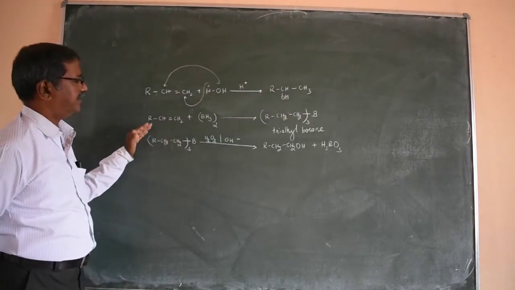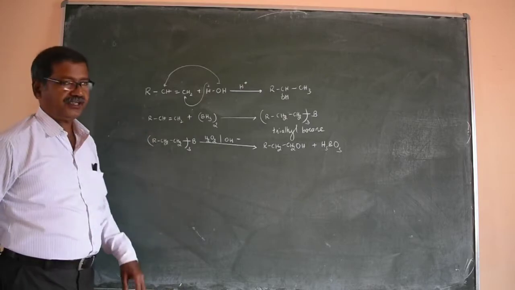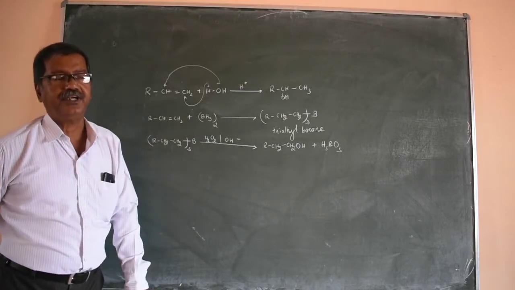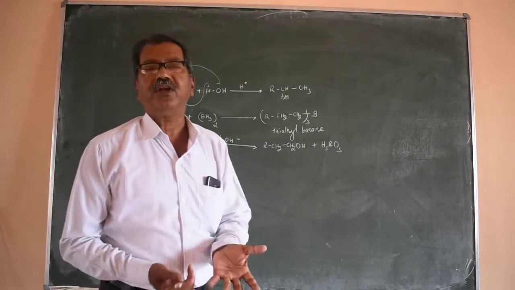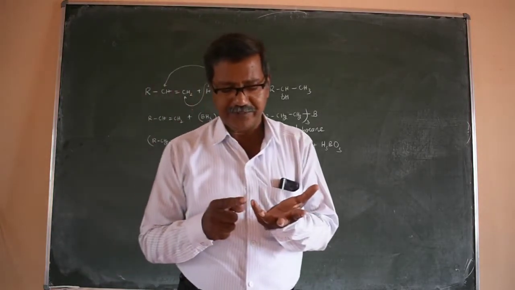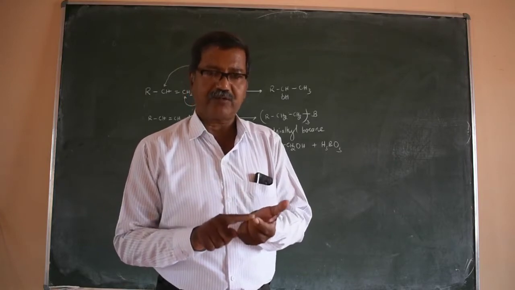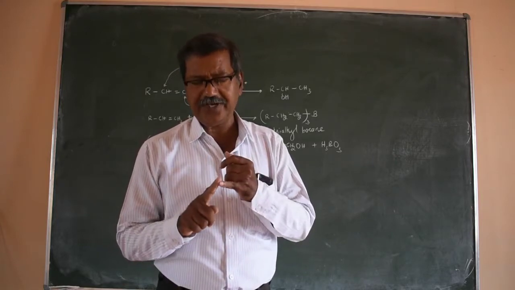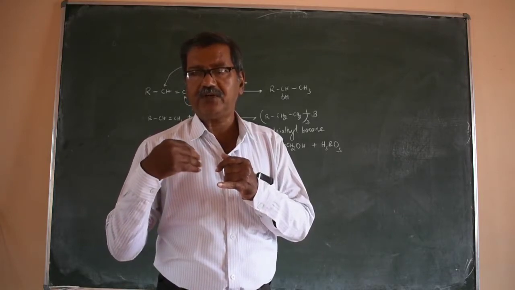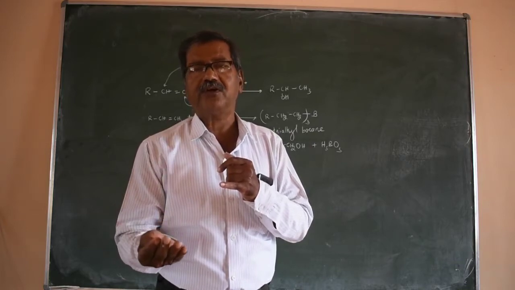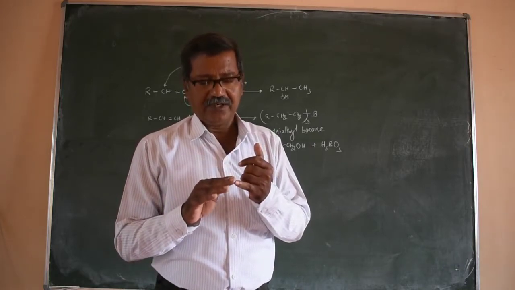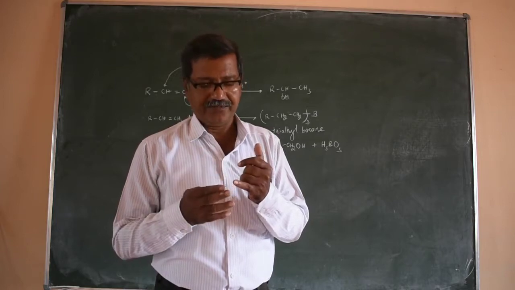This is from alkene. After alkene, the next method we studied is from the carbonyl compound. Carbonyl compound means it may be aldehyde, ketone, or carboxylic acid. Yesterday I told we can convert carbonyl compounds into alcohol by hydrogenation.